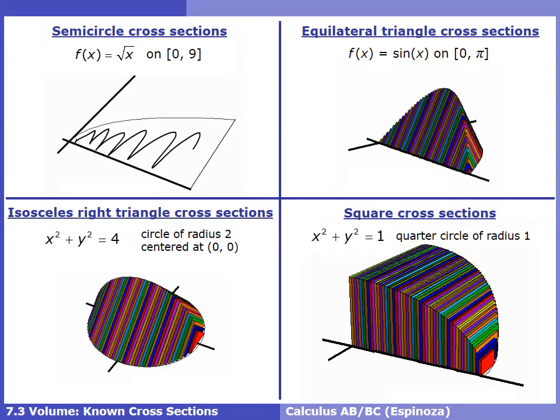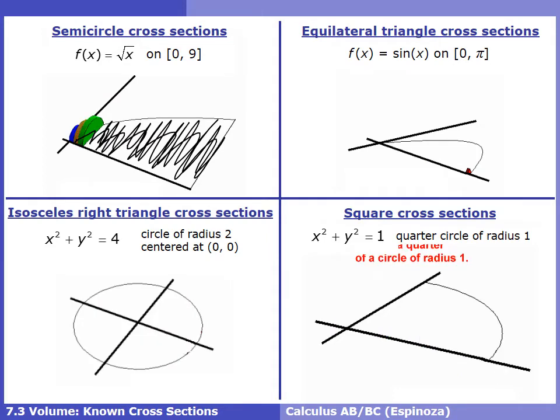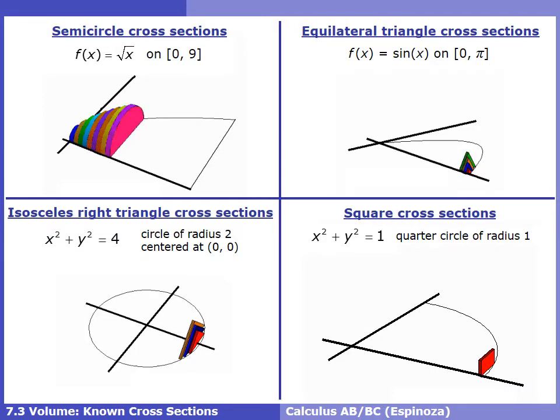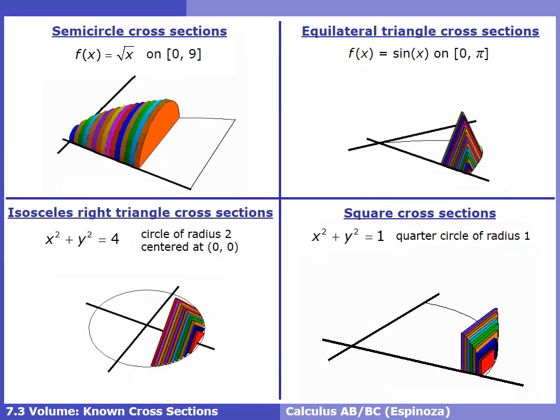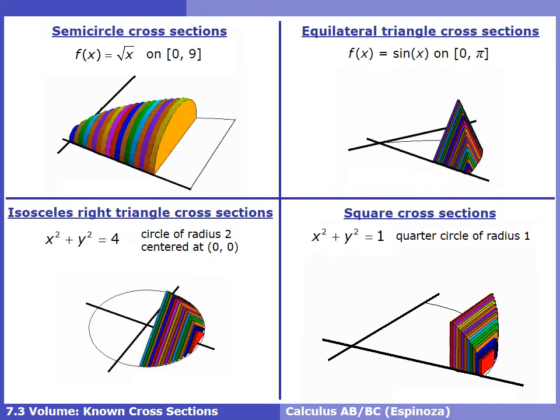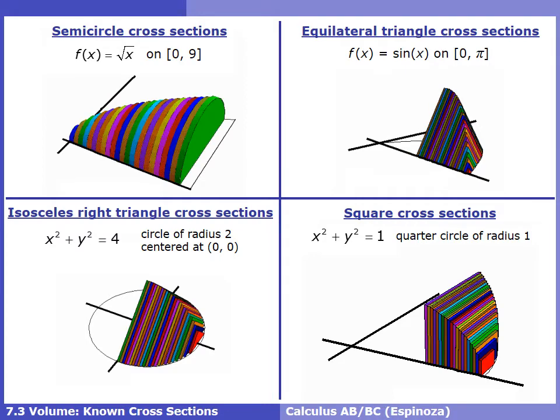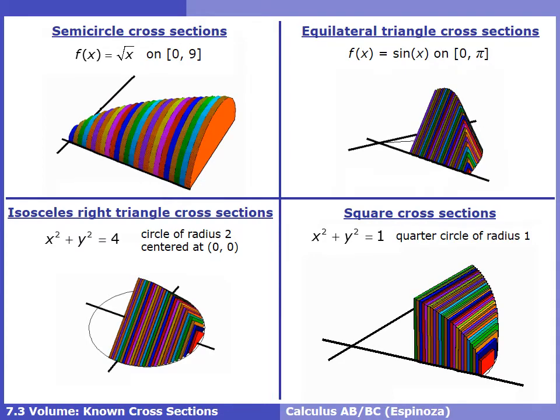So if you look at this top left corner example, the bottom of this solid is the shape given by the square root of x function from 0 to 9. And what's happening is we're putting these semicircles in there, and that's what's defining our three-dimensional shape. So these shapes that we're going to be looking at will all have a flat bottom.